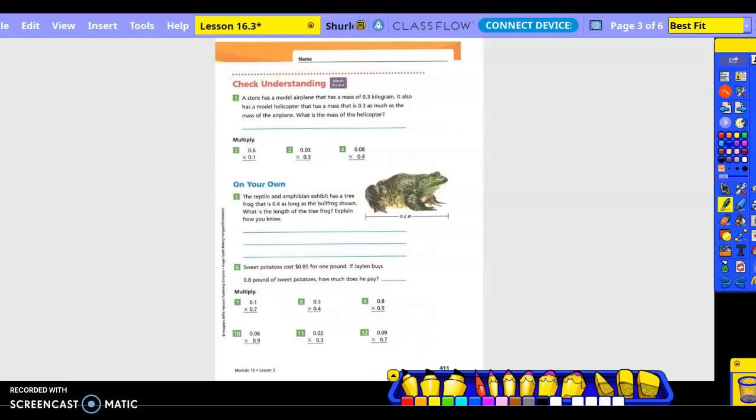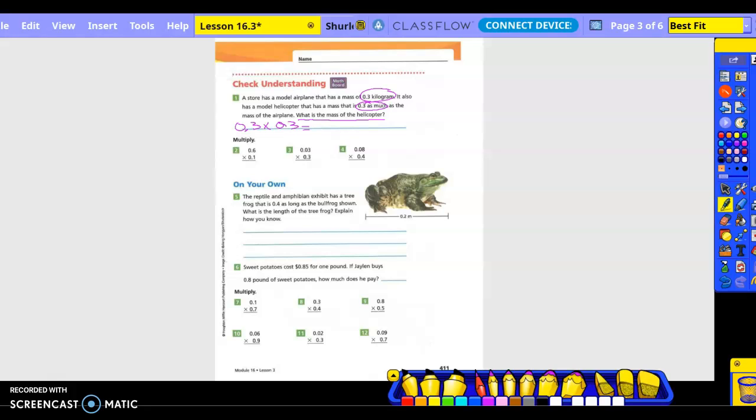Check understanding. A store has a model airplane that has a mass of 0.3 of a kilogram. It also has a model helicopter that has a mass of 0.3 as much as the mass of the airplane. What is the mass of the helicopter? 0.3 of a kilogram, 0.3 times as much. So we're going to take 0.3 times 0.3. Now, technically, when you do that, do you act like you see the decimals yet?